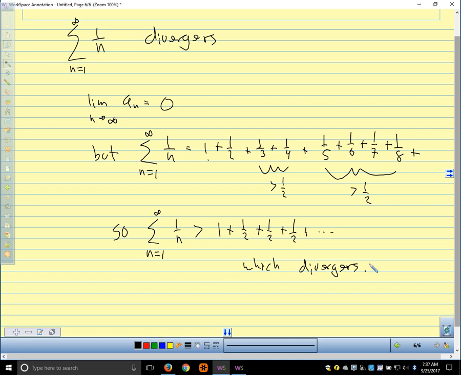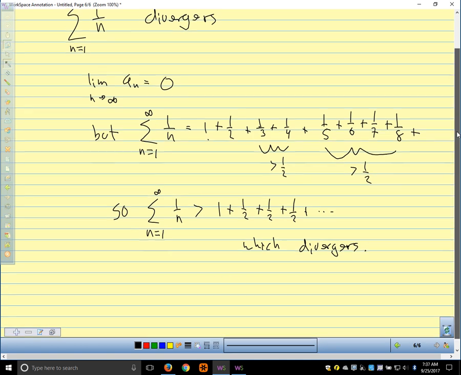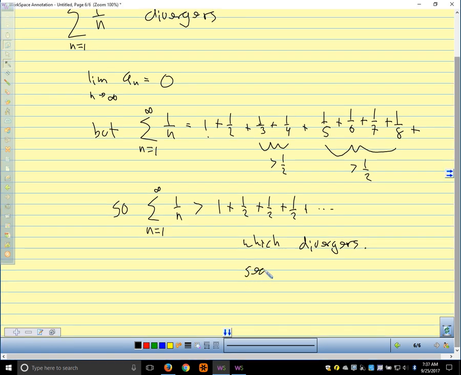The sequence of partial sums diverges. So this is a demonstration that the harmonic series diverges.